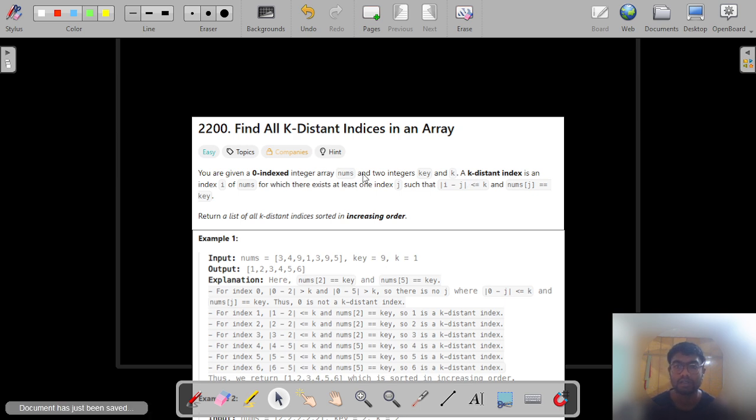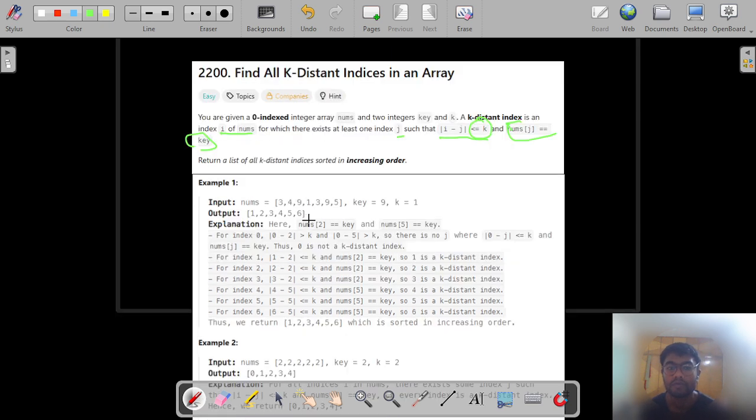A k distant index is an index i of nums for which there exists at least one index j such that i minus j is less than or equal to k, and nums of j is equal to key. Okay, so these are the two conditions that we need to focus upon, and return all k distance indices sorted in increasing order.